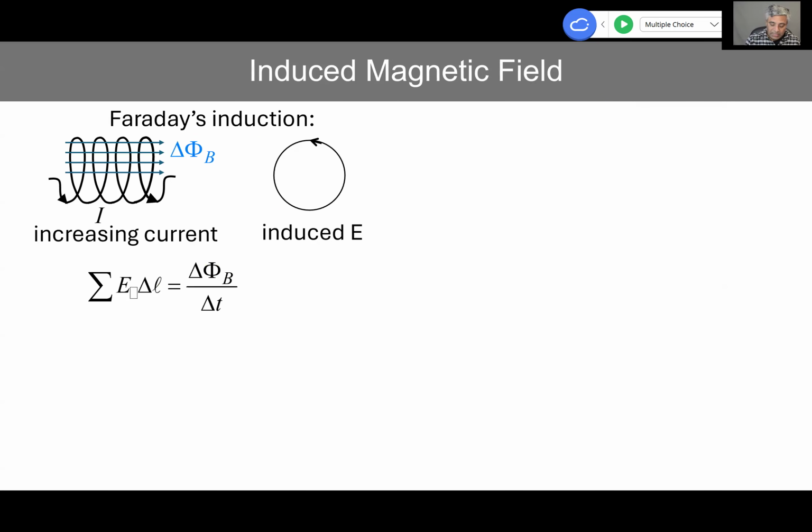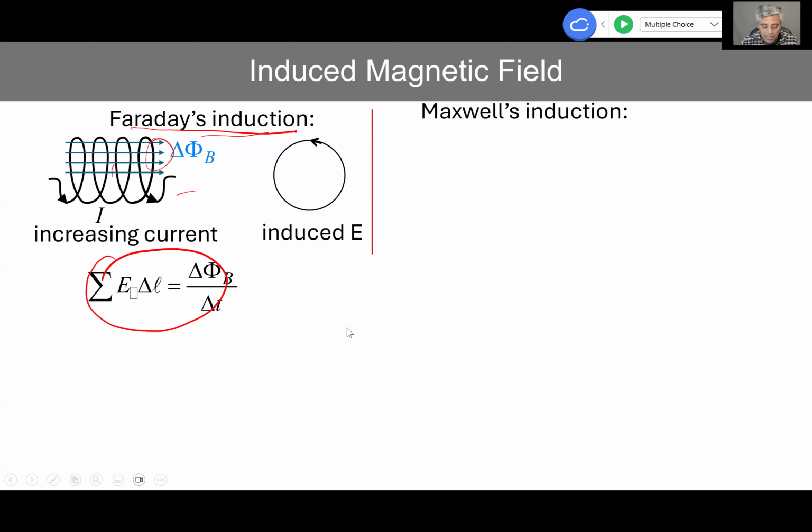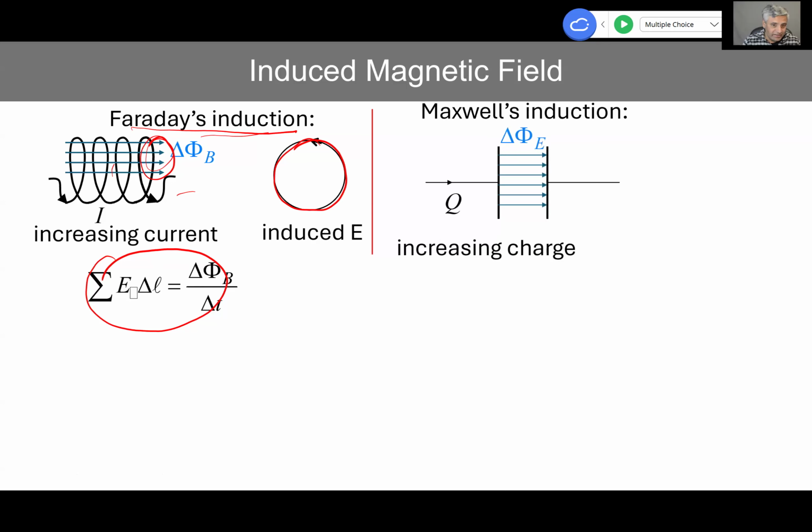So going back to what we had here, that was Faraday's idea, right? Flux is changing in a loop, so that induces this circular field like this. Now what another scientist named Maxwell did was, okay, if changing flux can generate a circulating electric field, then maybe changing electric flux can too.